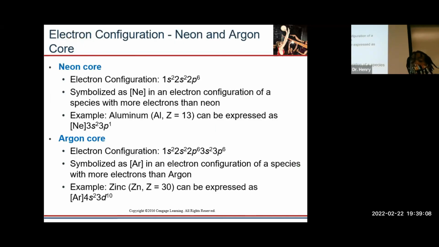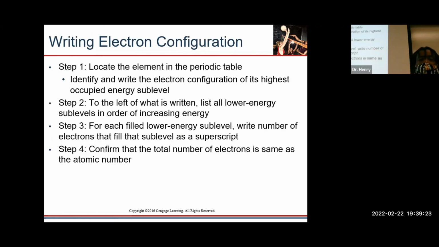We've talked about the core and how to use the core. This is showing you the neon core, and this here is the argon core. This basically goes through what I explained about how to write the electron configuration.